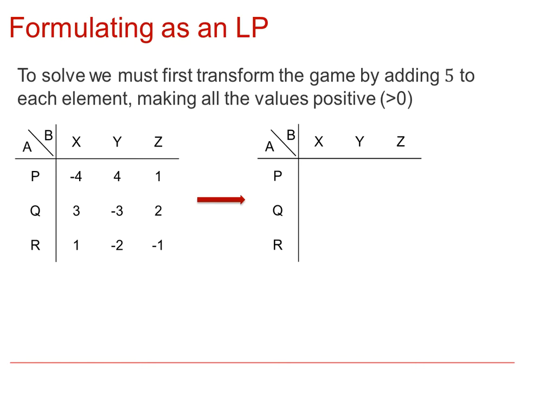So for this particular matrix, the minimum number is -4, so we'll choose 5 to add. However, we must remember to subtract this from the value of the game at the end. So adding 5 to each cell, -4 plus 5 would be 1, and then we'd have a 9, a 6, an 8, a 2, a 7, a 6, a 3 and a 4.